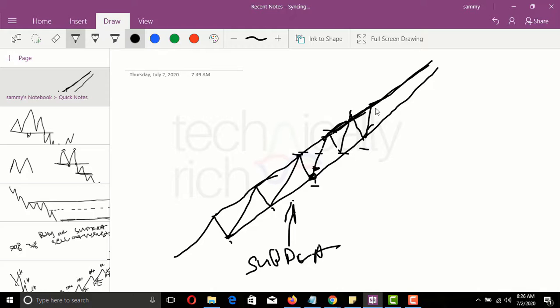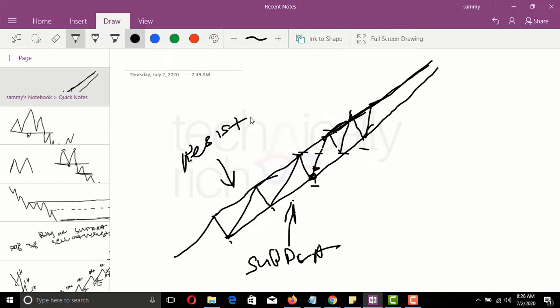But before that, when a trend line breaks, it also has the same rule as your support and resistance. Remember that this trend line down here serves as a dynamic support, and this channel line up here in this uptrend serves as a dynamic resistance.